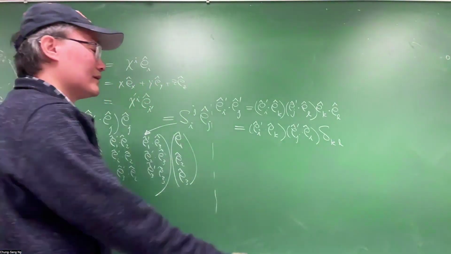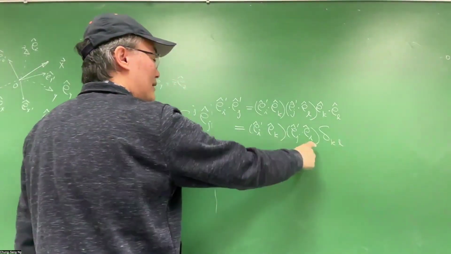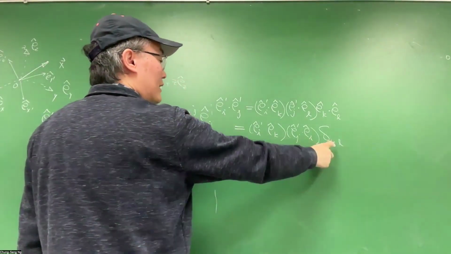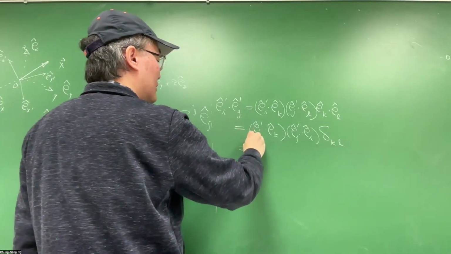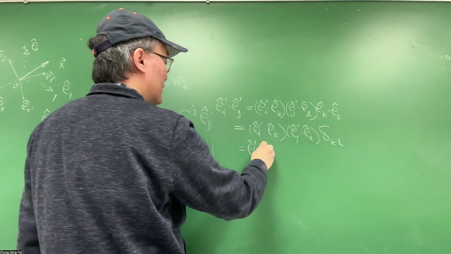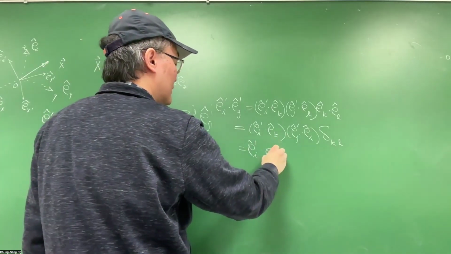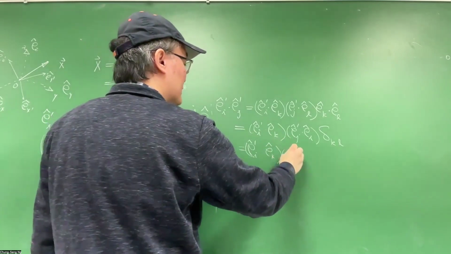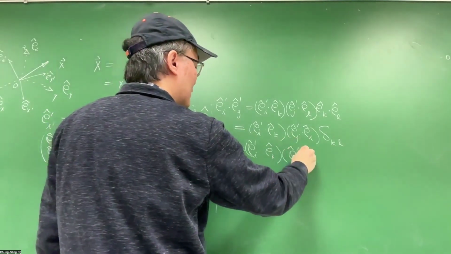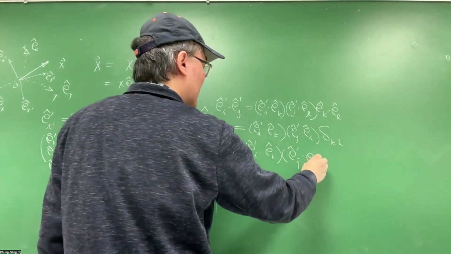Okay, and now you can use the Kronecker delta to eliminate one of the sums, either K or L. So that becomes e_i dot e_k multiplied by e_j dot e_k.